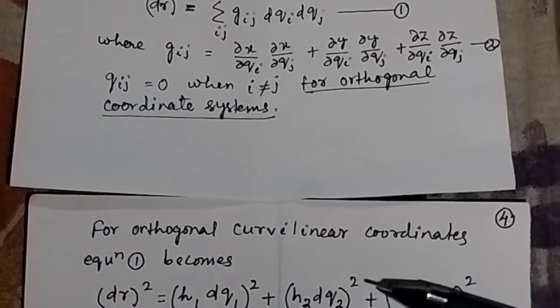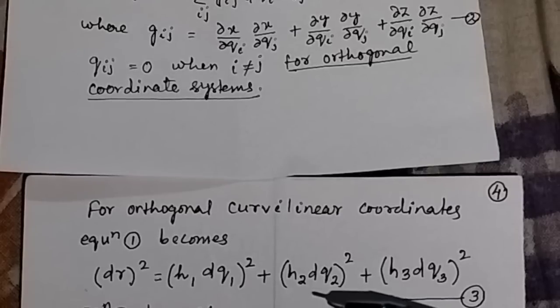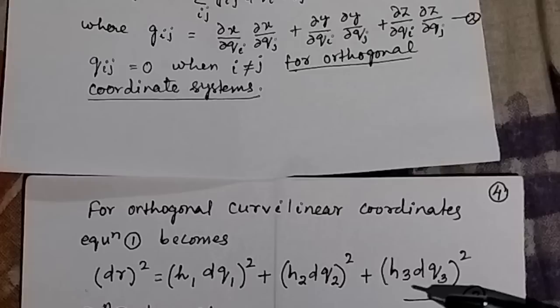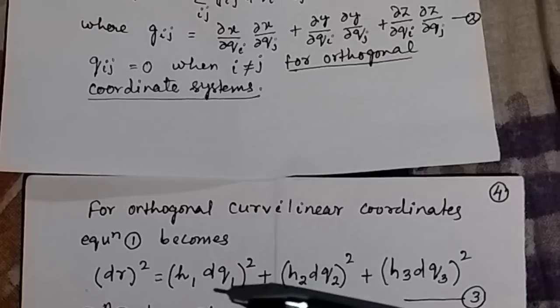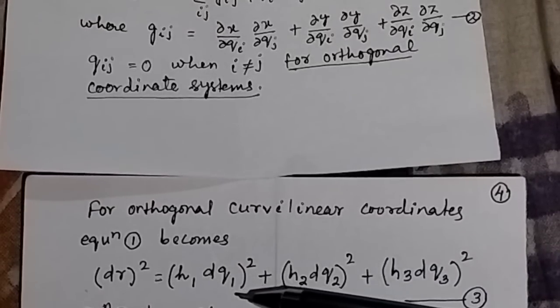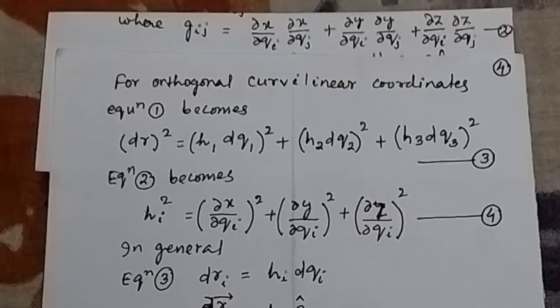Similarly, you have h2 dq2 square, and for h3 you have h3 dq3 square. So for orthogonal curvilinear coordinates, equation 1 becomes dr square equal to h1 dq1 square plus h2 dq2 square plus h3 dq3 square.